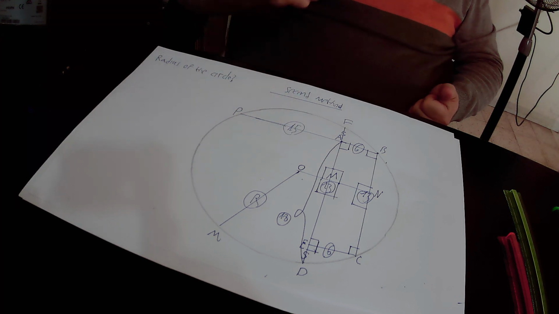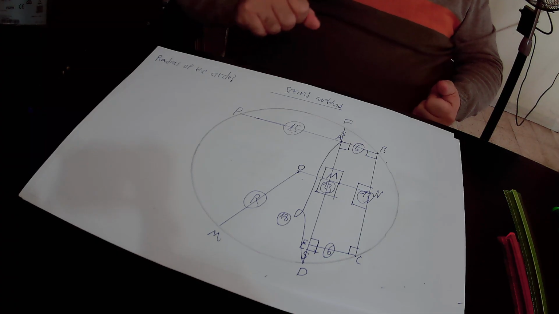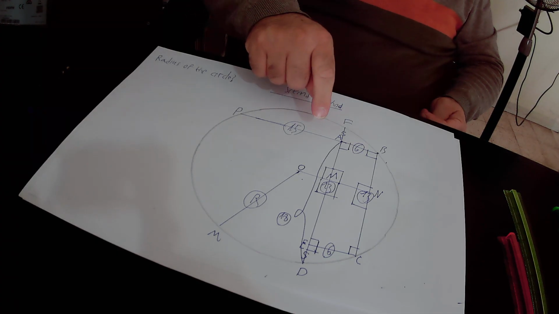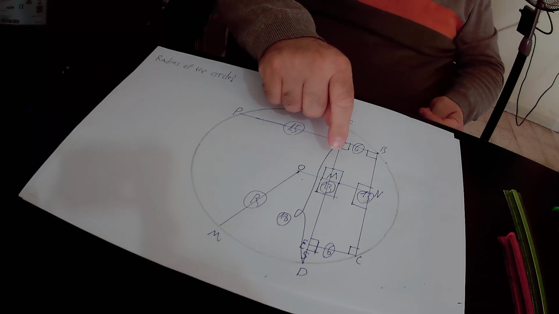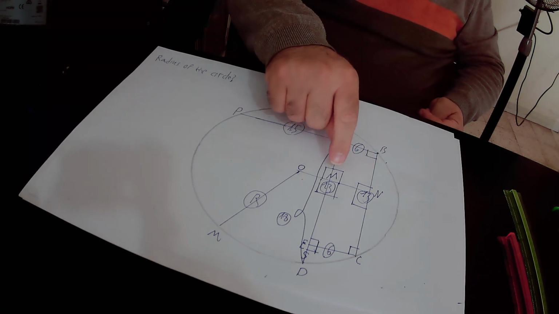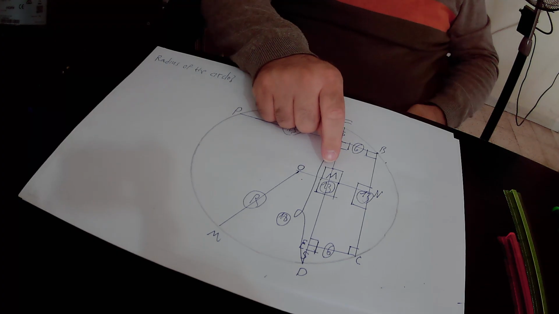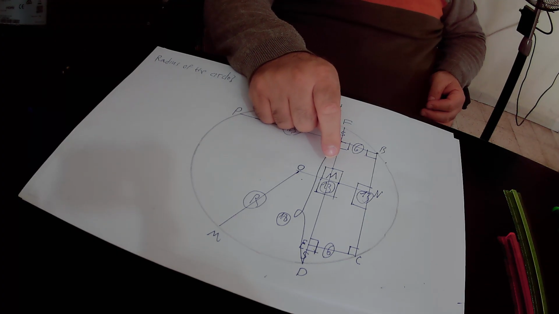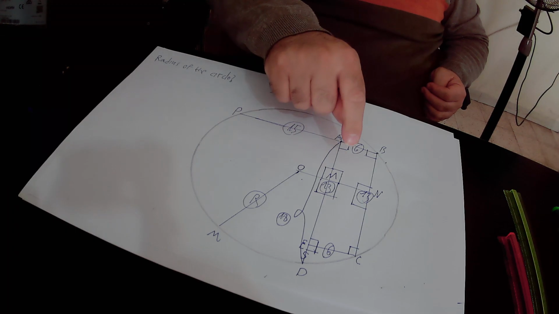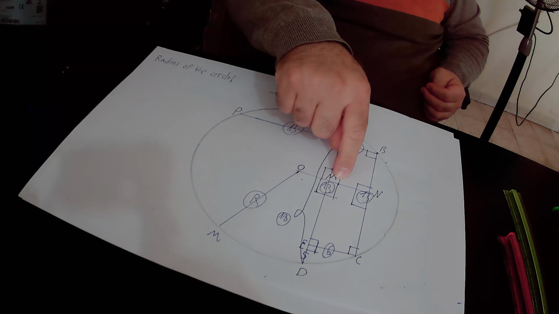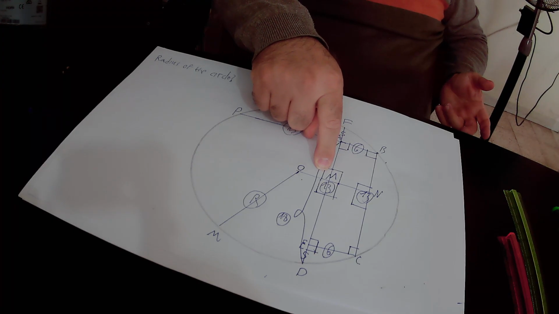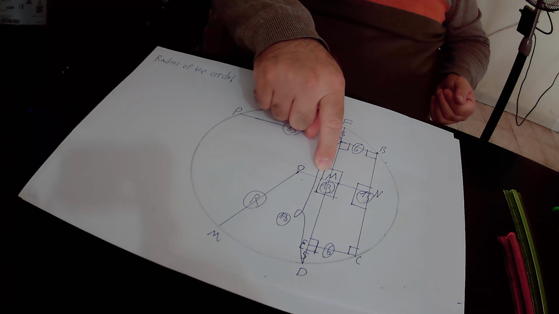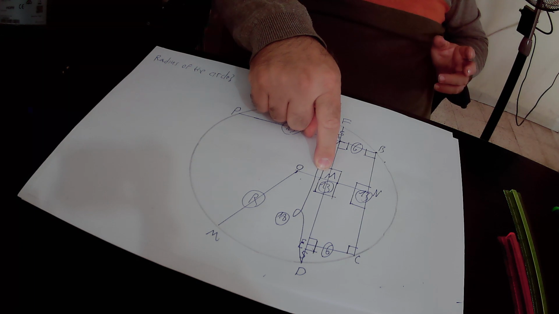And according to rule number 1, that the sum of the angles from one side of a straight line is equal to 180 degrees, we will focus on the straight line ON, on the upper side of the straight line ON at point M. Here the sum of the angles must be equal to 180 degrees. So which angles do we have at the upper side of ON at point M? We have this angle that is equal to 90 degrees, plus the missing angle, in total they must be equal to 180 degrees. Therefore this missing angle must be equal to 90 degrees.